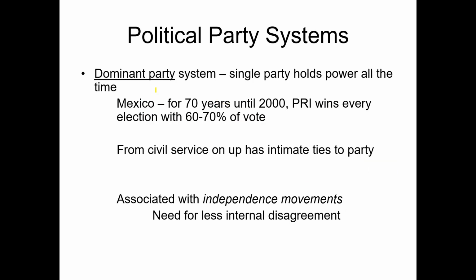The dominant party system is where a single party holds power all the time. Now, you could argue this is not really different from a single party authoritarian system, but there are other parties. It's just that they can't seem to get traction. Mexico is a good example. The PRI party was in power for 70 years.